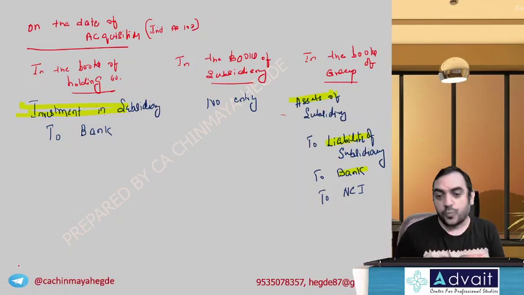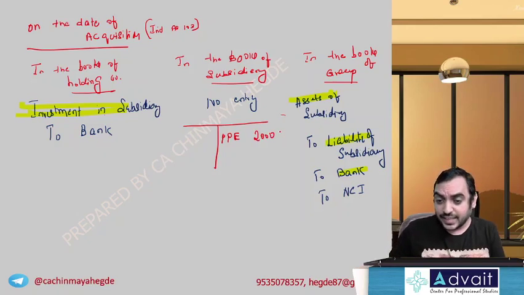Okay. Now, please look into this. In the books of the subsidiary, I will have a simple T format of balance sheet. I will have, let's say, PPE worth 2000 rupees, as on the date of acquisition.